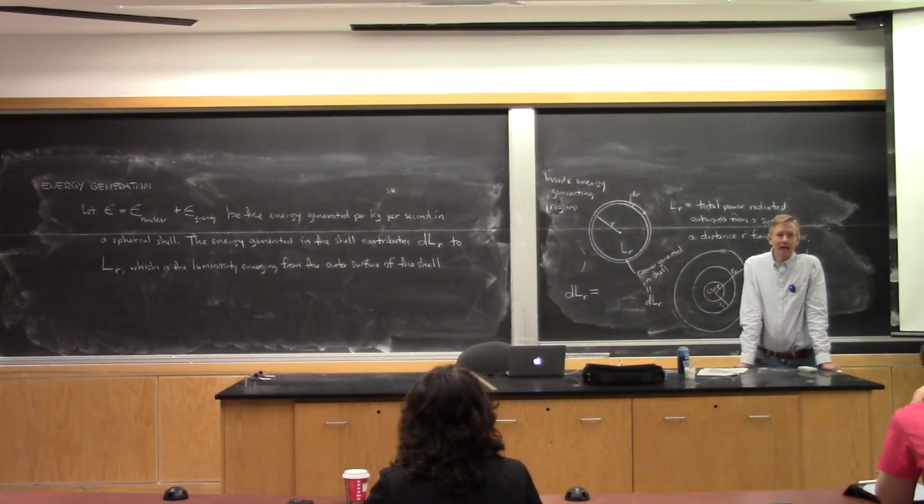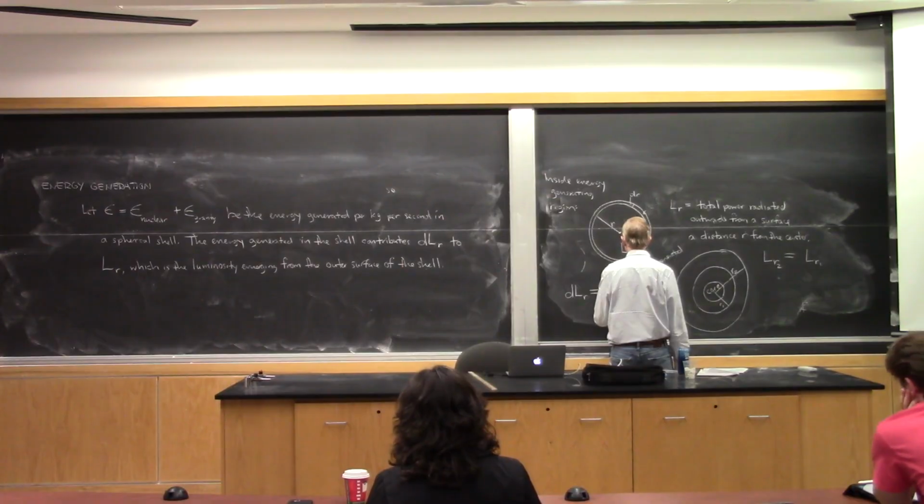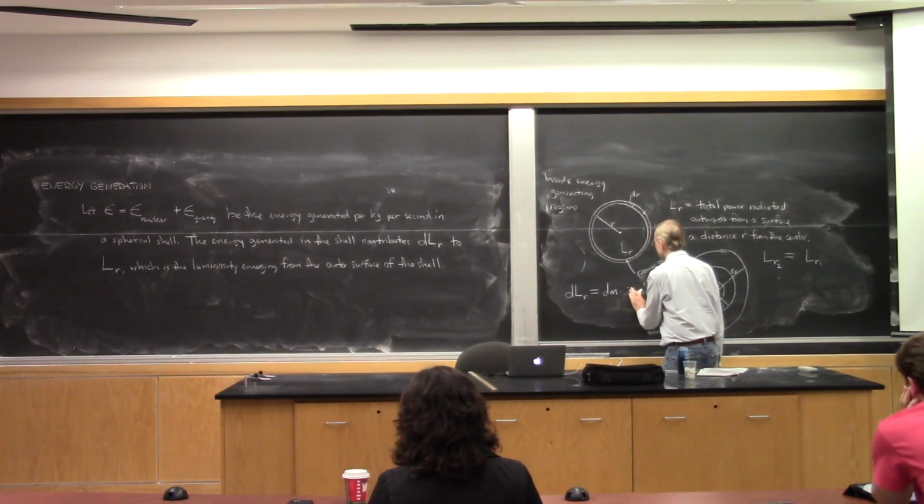What do I multiply the power per kilogram by to get the power generated within the shell? The number of kilograms in the shell, also known as dm, because we're calling dm the mass of the shell, right? So dL sub r is going to be dm times epsilon.